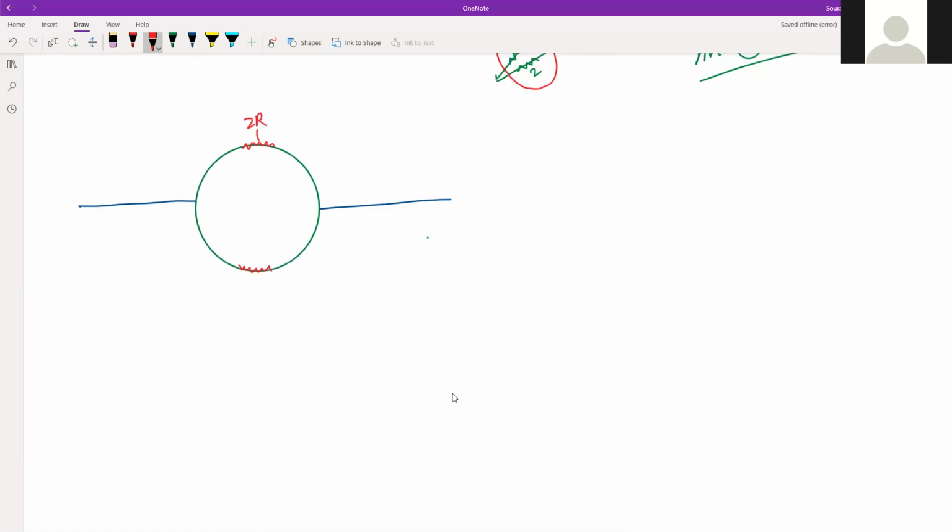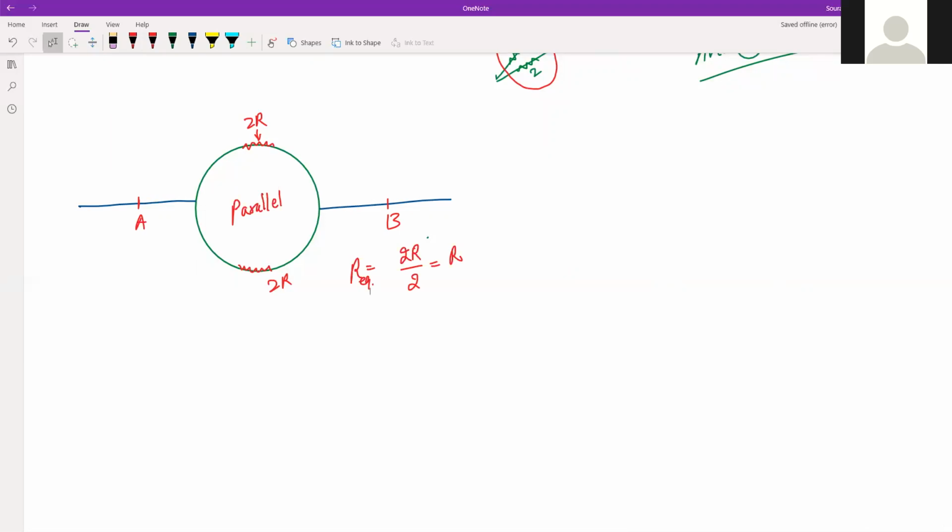This is given as 2R and this is also given as 2R, and suppose we have to find between these 2 points, that is A and B. So what do we know about this 2R and 2R? They are in parallel. So the equivalent resistance will be 2R divided by 2, that is equal to R. This is the equivalent resistance. Simple.